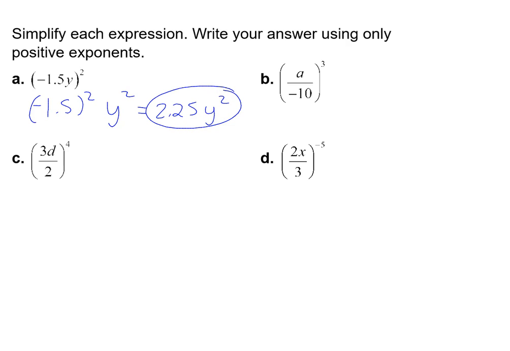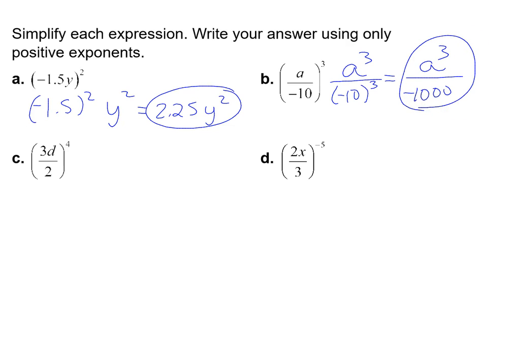On this next one, we're doing the power of a quotient, so the a is going to get cubed, and so is the negative 10. So we have a to the third over negative 1,000. On C, everything in there gets that fourth power. So 3 to the fourth, d to the fourth, 2 to the fourth. So we have 81 d to the fourth over 16.